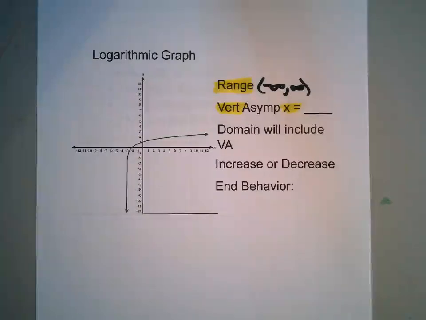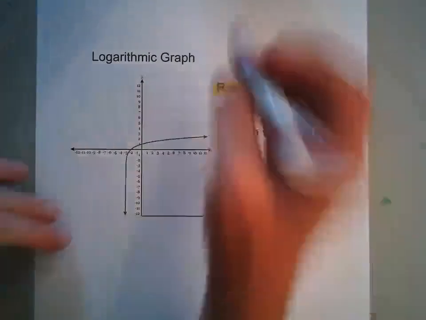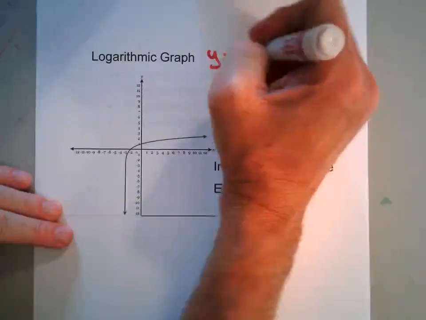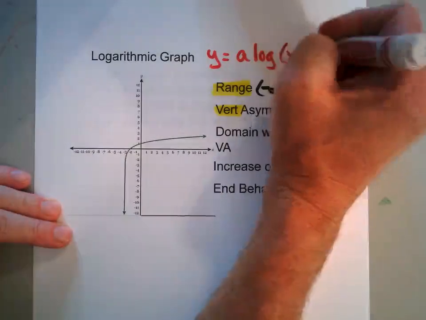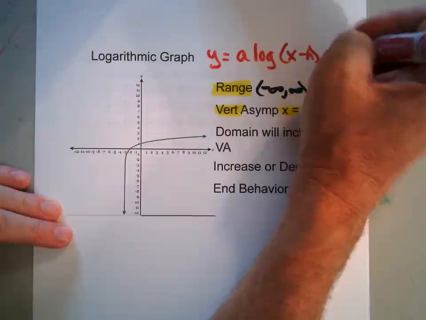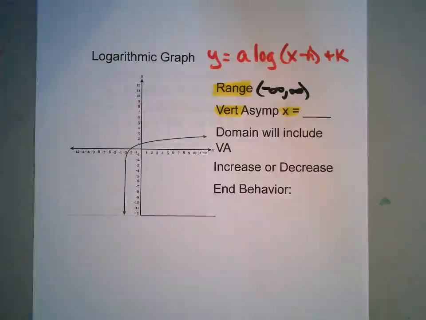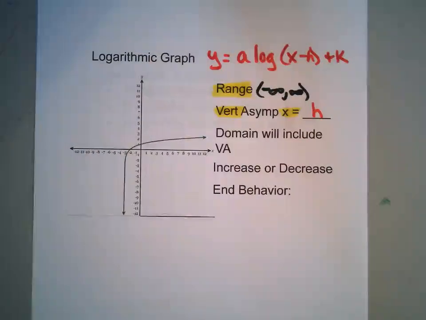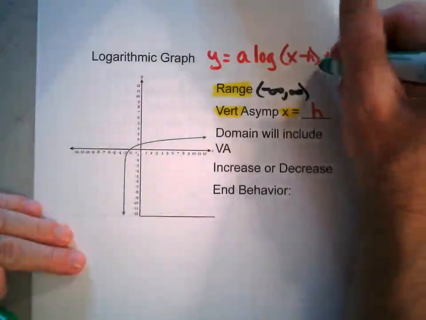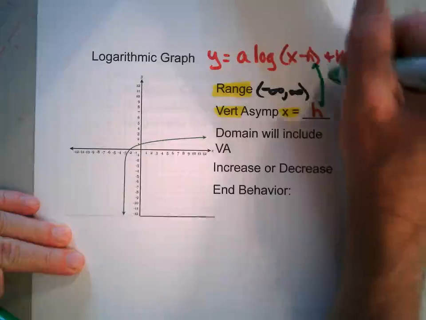With a logarithmic function, it would be y equals a log of (x minus h) plus k. With the vertical asymptote, the x is always equal to the h, which is the horizontal shift. So it's similar but different here.